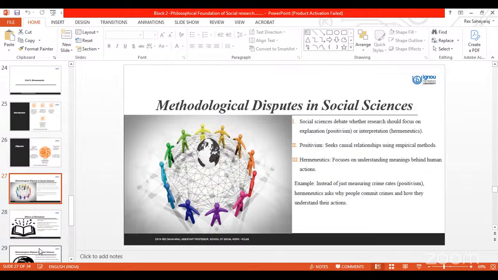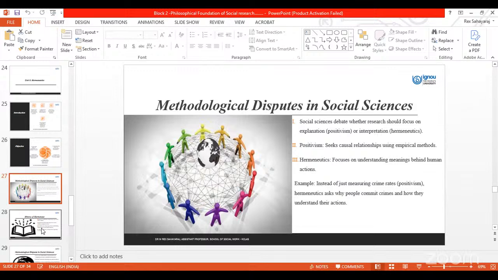So instead of just measuring crime rates, hermeneutics asks why people commit crimes and how they understand their actions, right? That's very important. So that's a very important aspect we need to discuss.